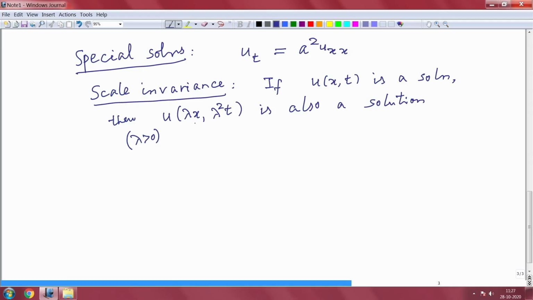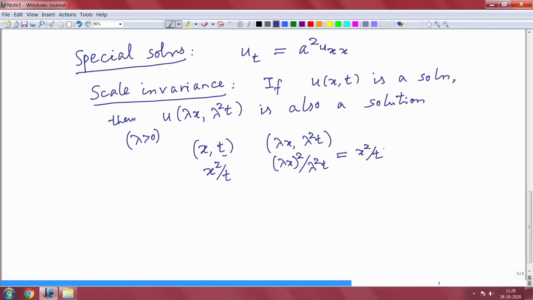So, what does this do? So, x, t is there and λx, λ²t is there. So, what is common there? If you look at x²/t here, and again I take x²/t here, that means (λx)² by λ²t, and that just gives me x²/t.